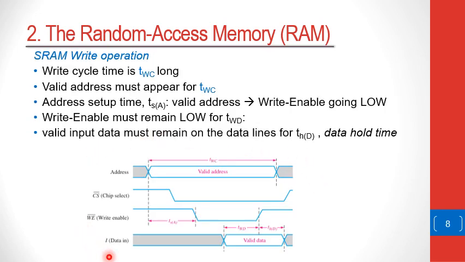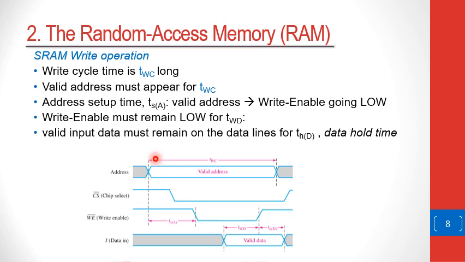Here we see an example of a write operation, and the write operation cycle time is TWC long. This write operation shows the operation of writing a single block of data or piece of data into the memory.